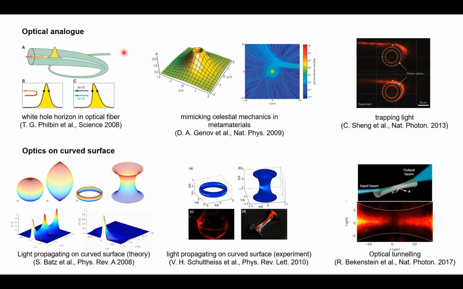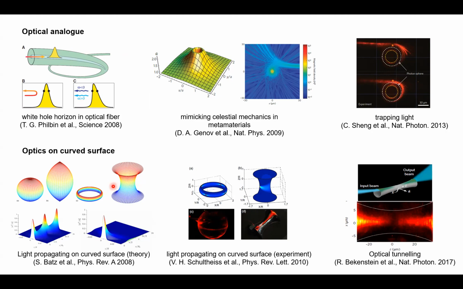Many scientists have proposed equivalent systems which can simulate gravitational effects in the lab, like BEC, using fiber to simulate the effect of an event horizon for light, using metamaterials to simulate celestial mechanics, and using optical black holes to trap light and observe photon rings.